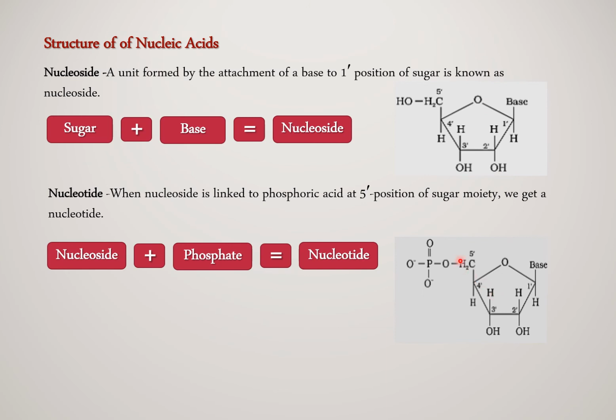At carbon number 5 of the sugar moiety, which is called the 5' position, you are going to have the phosphoric acid group binding with it to form an ester linkage. And thus, the sugar at 1' position has the base and at 5' position has the phosphoric acid group through an ester linkage, giving rise to a nucleotide. So a nucleoside plus phosphate group gives rise to a nucleotide.